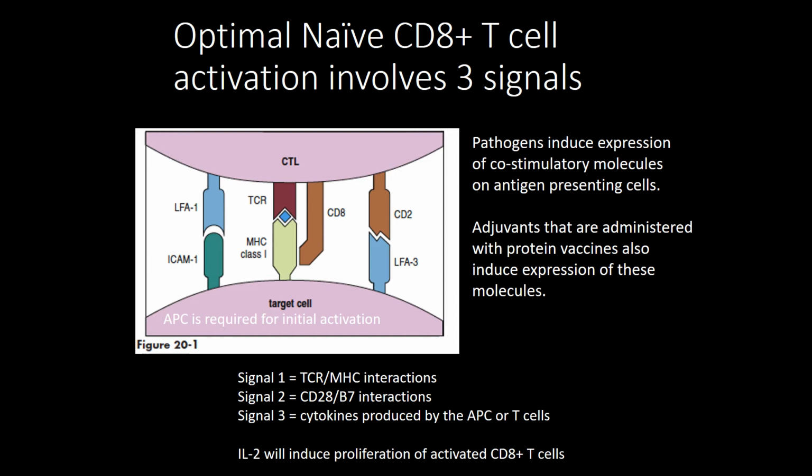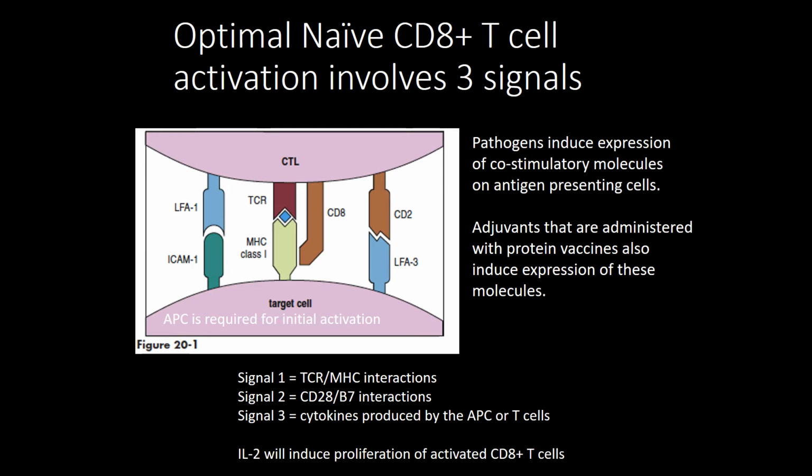So signal 1 is the T cell receptor interacting with MHC along with the peptide it's specific for. The co-stimulatory molecule will be CD28 on the cytotoxic T cell, which will recognize B7 expressed on an antigen-presenting cell.